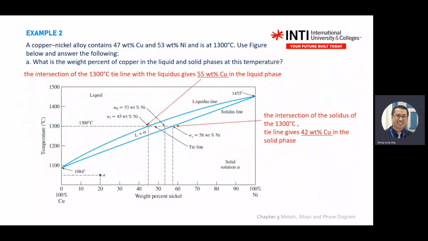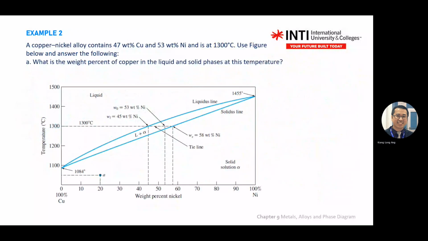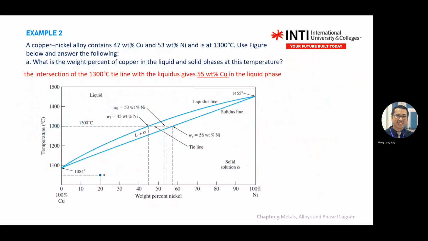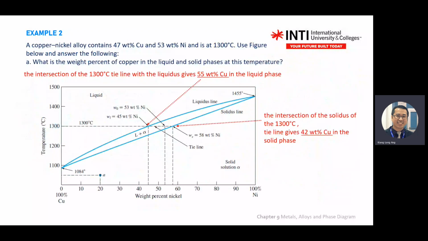This one has 2 parts. What weight percentage is liquid and solid? Weight. A is just to find the percentage of copper.